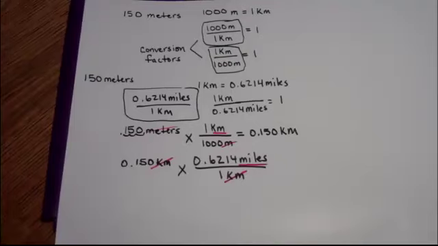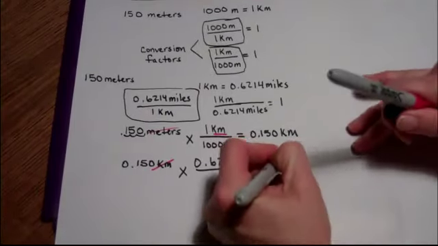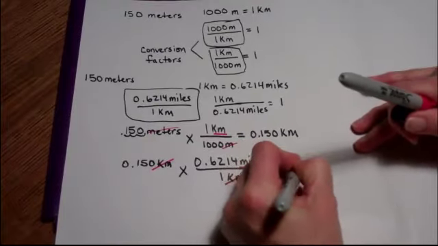Again, the kilometers are going to cancel out, and we're going to be left with our answer in miles. If we multiply this, put it in our calculator, we should get that this equals 0.093 miles.